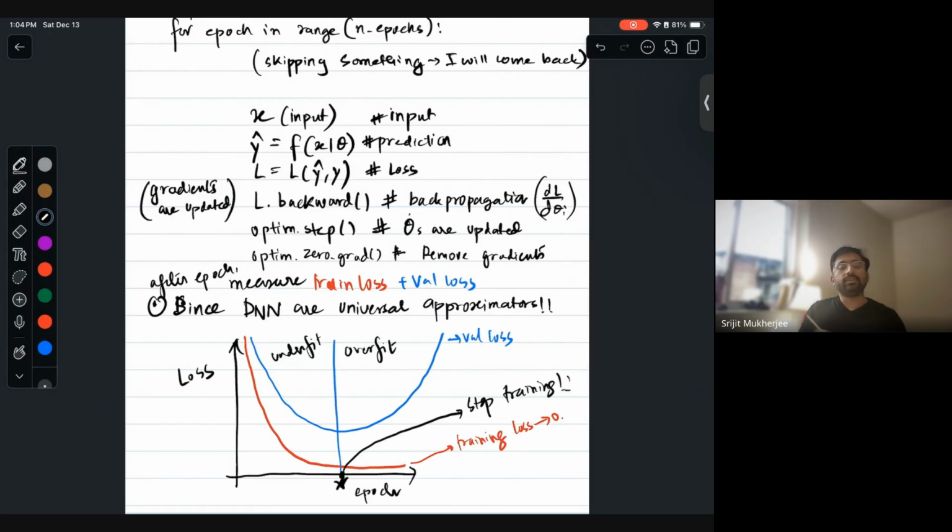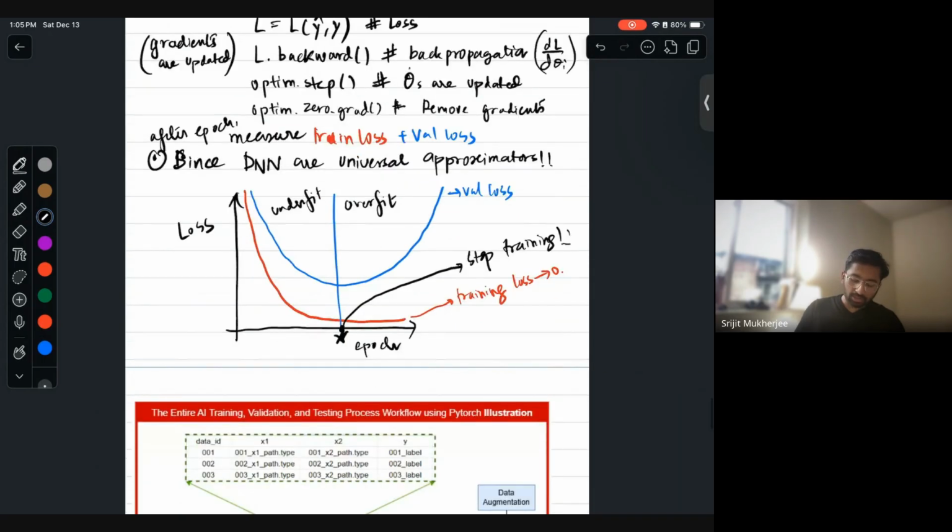This is val loss, yes. This is very different from other models. The mental model is that at every step a new function is learned, because it's a universal function approximator.